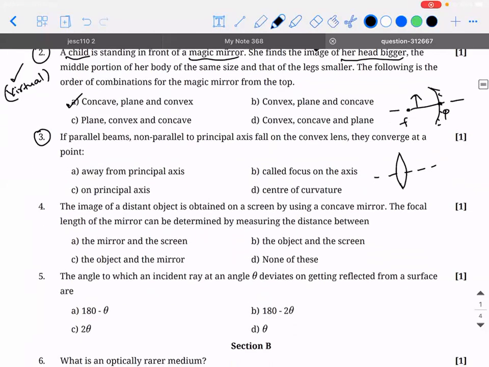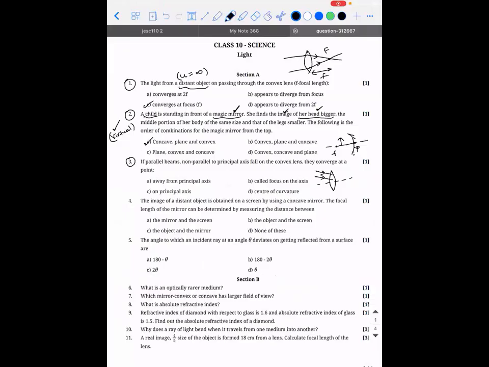So the third one, did anyone get the answer for this? So they are seeing a parallel beam of rays, but they are not parallel to the principal axis. Obviously, what is going to happen? Where do you think they are going to get converged? Center of curvature. So on the principal axis.